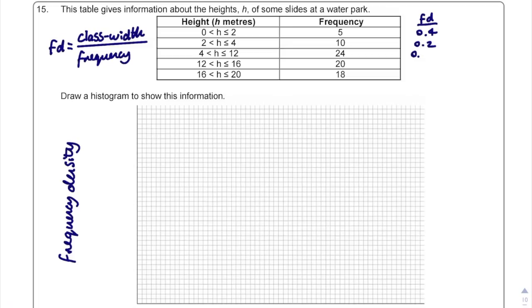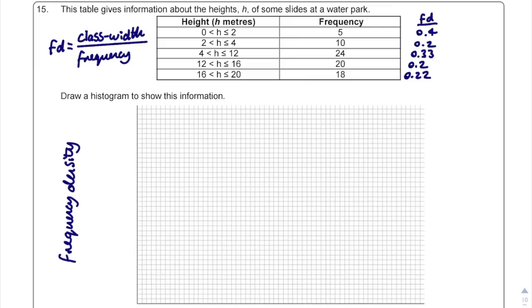And then for the next one, we've got a class width of 4, because 16 minus 12 is 4, and a frequency of 20. So 20 over 4 is 5. And then for the last one, we've got a class width of 20 minus 16, which is 4, and a frequency of 18. So we get 4.5 for that.